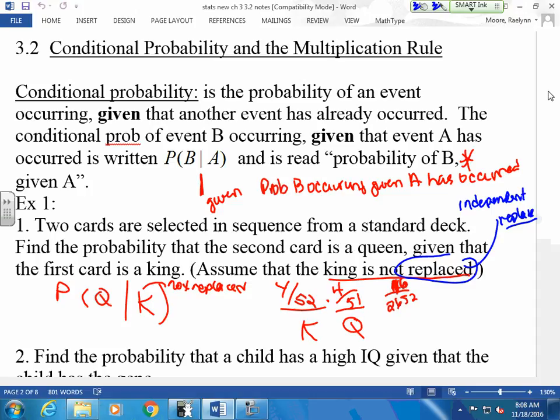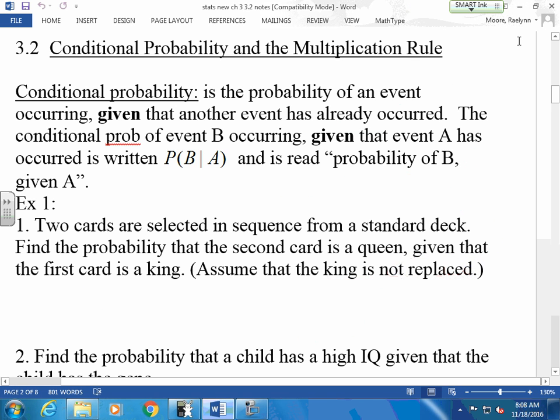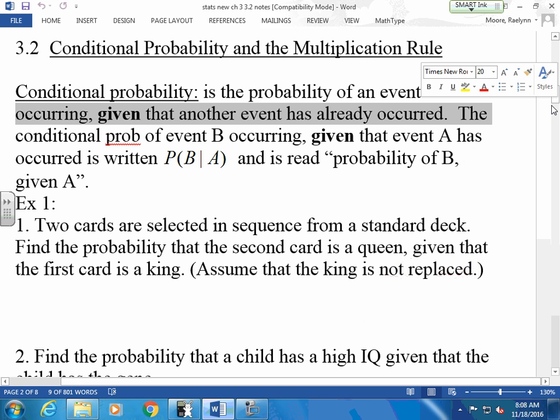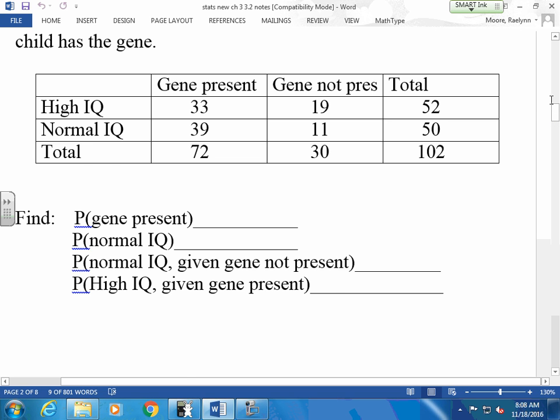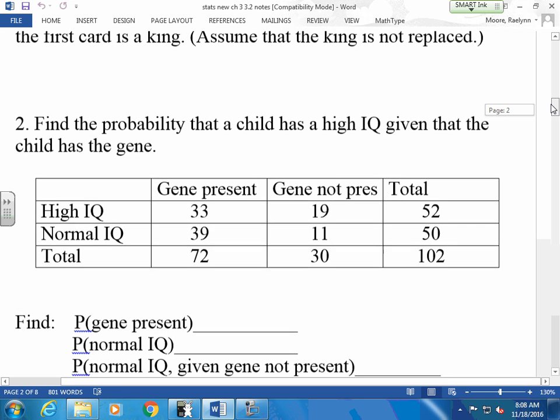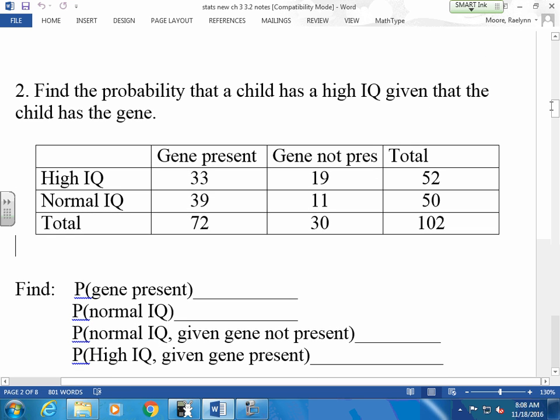Alright, let's see what else we have here. The charts are the trickiest ones, but I love the charts. Work with me on this. Don't write in your book, but you might want to write this down on your note page because these are very, very tricky. I should have actually given you a sheet like this.